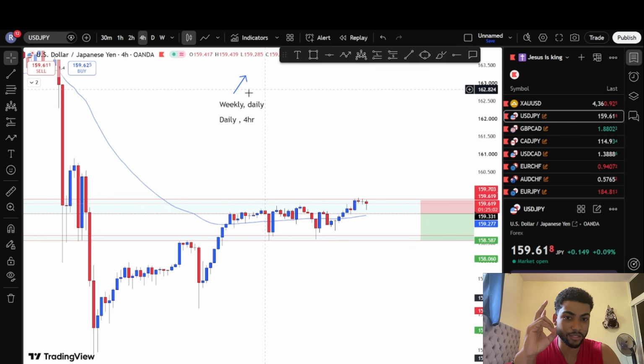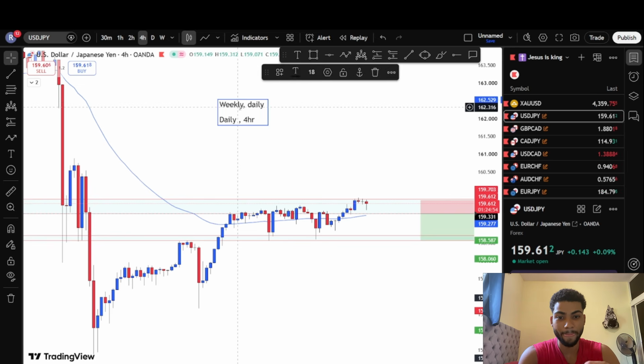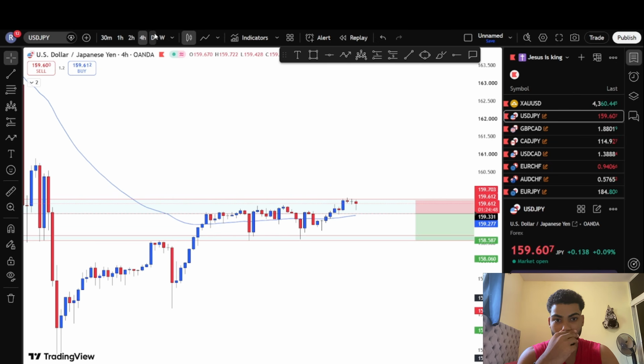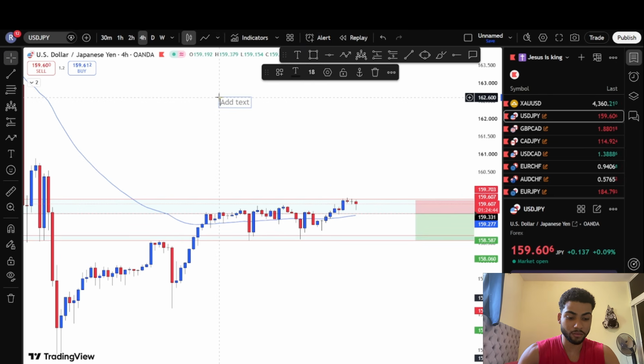That's 2 consecutive time frames in sync. It has to be consecutive, one behind the other, one after the other. So now I have daily and then the 4-hour bearish. So my strategy, or the way that I trade, is pretty simple.